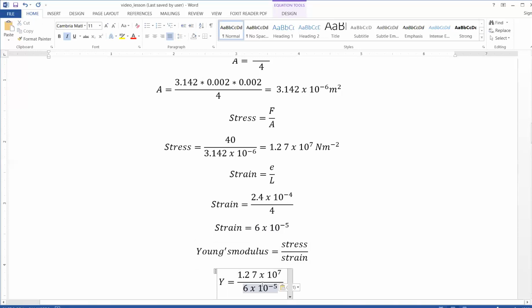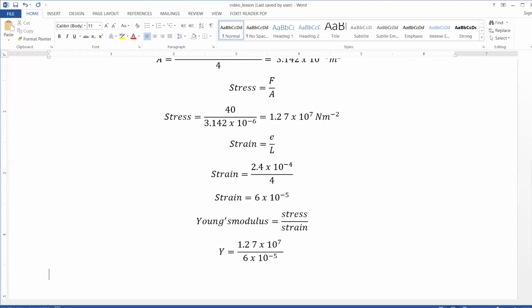That's your strain. If you do that mathematics with your calculator, you get 1.2 exponential 7 divided by 6 exponential negative 5. And that should give you 2.12 exponential 11.